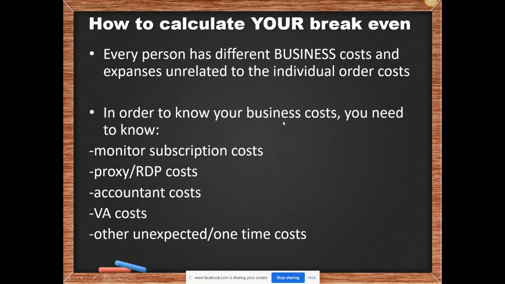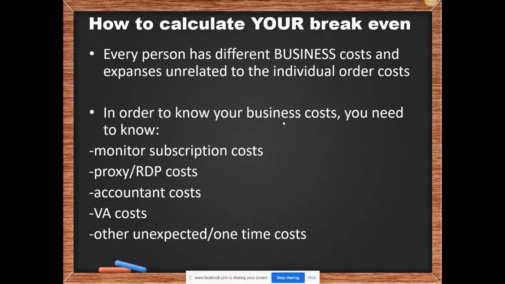In previous webinars on global settings and how to calculate your break even, I talked about having to know how much you pay for eBay, PayPal, and taxes, to put it all in the global settings so your pricing is right and you don't lose money per order.